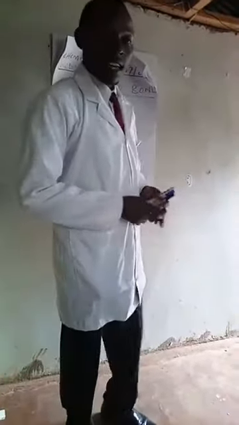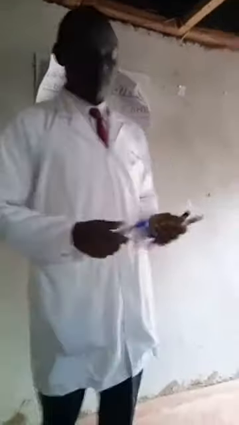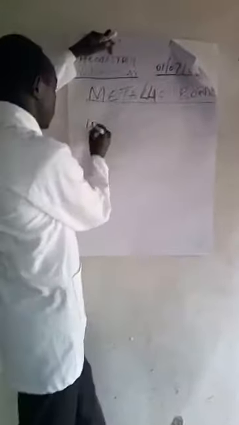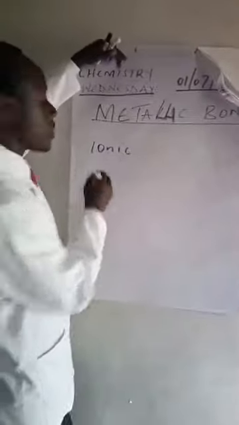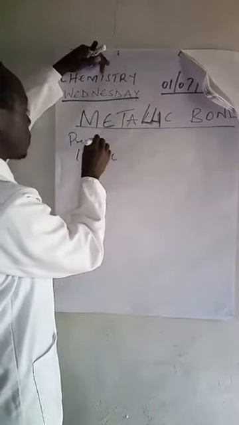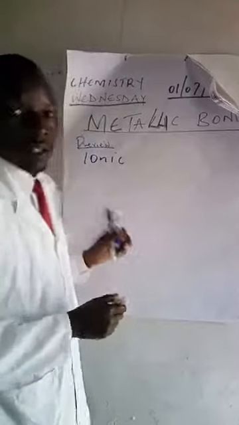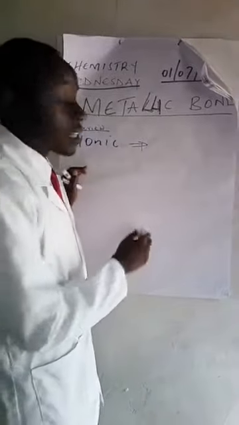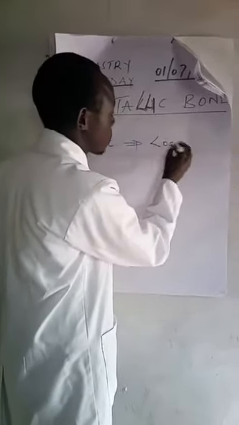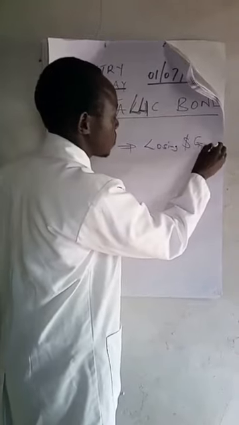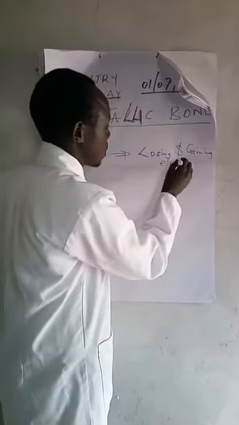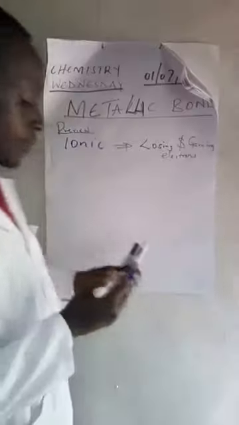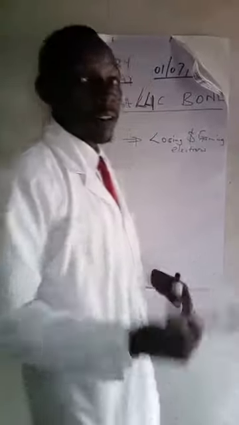So metallic bond. As I said in our introductory lesson, we have 3 types of bonds. This is just a preview or recap. We have ionic bond, which results from losing and gaining of electrons. That is, one atom loses an electron and the other atom gains an electron, or electrons, can be one or many.